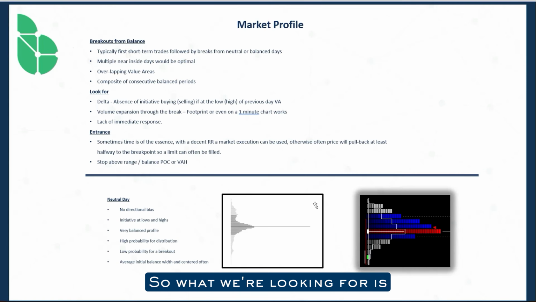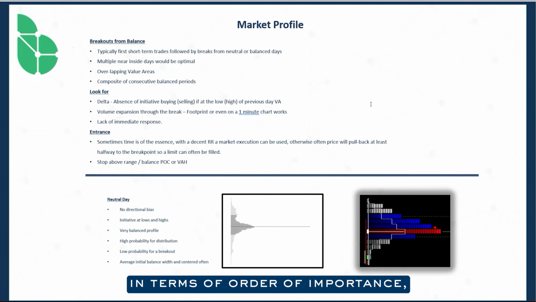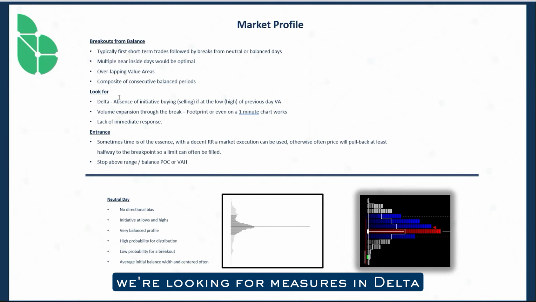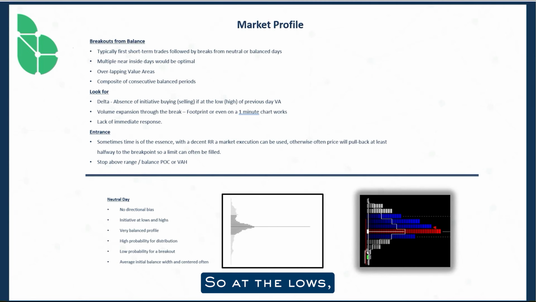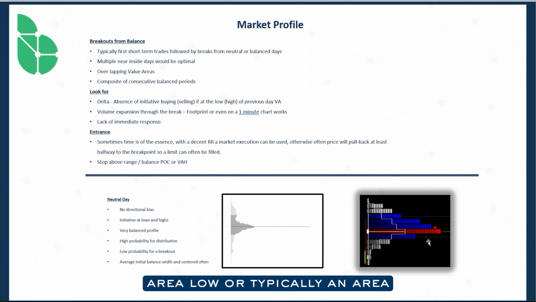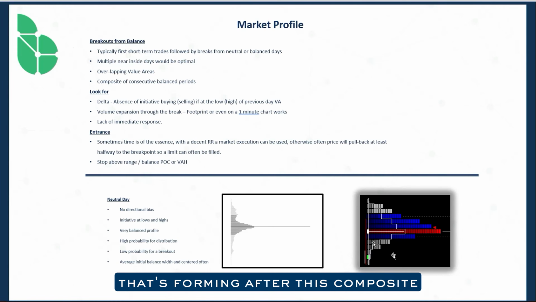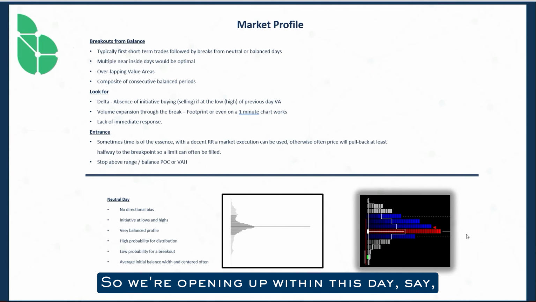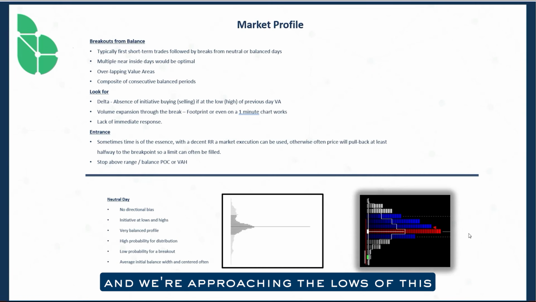So what we're looking for, in terms of order of importance, is measures in delta, obviously. So at the lows, if we're seeing that we are coming down to, let's say, the composite's value area low, and just imagine we're talking about the day that's forming after this composite. So we're opening up within this day, say, and we're approaching the lows of this value area.